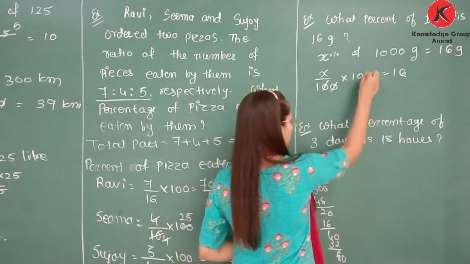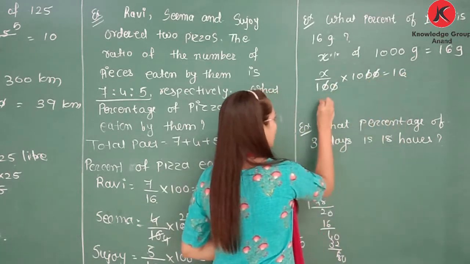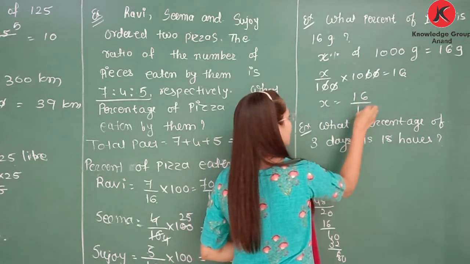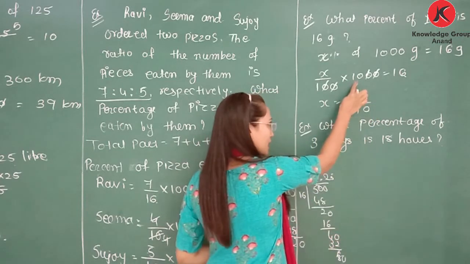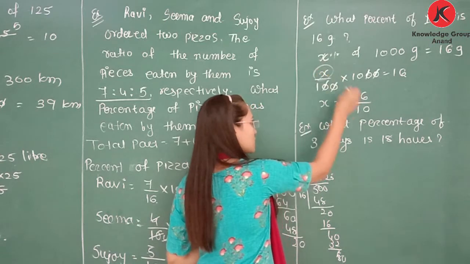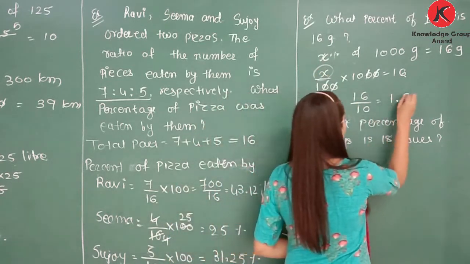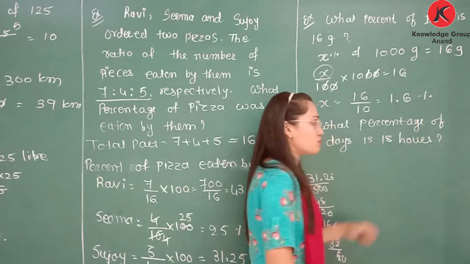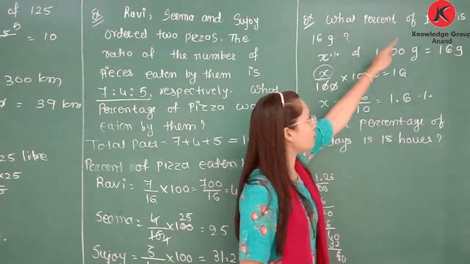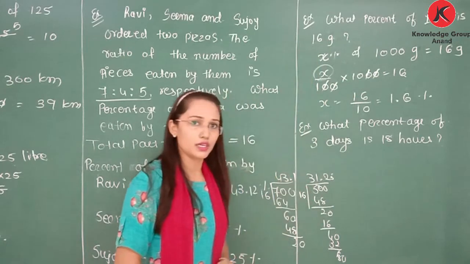Here we can put 2 0s, 10 will be in a divide. So it is 16 by 10. Then there is a multiplication. To find the percentage, we divide it by 10. So it is 1.6%. Means 1.6% of 1 kg will give 16 gram.